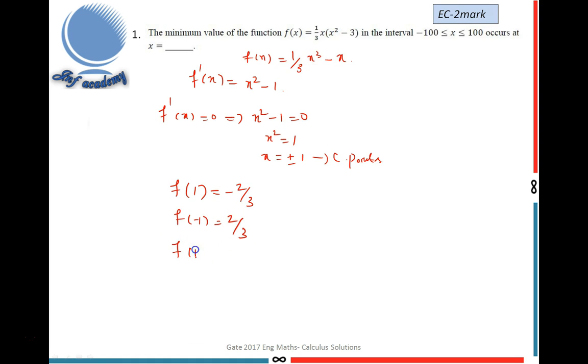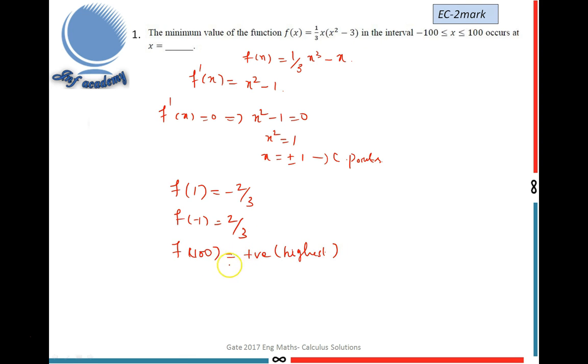Next, f of 100: substituting 100, I got 100 cube by 3 minus 100, a large positive value. So the highest positive value is f of 100.